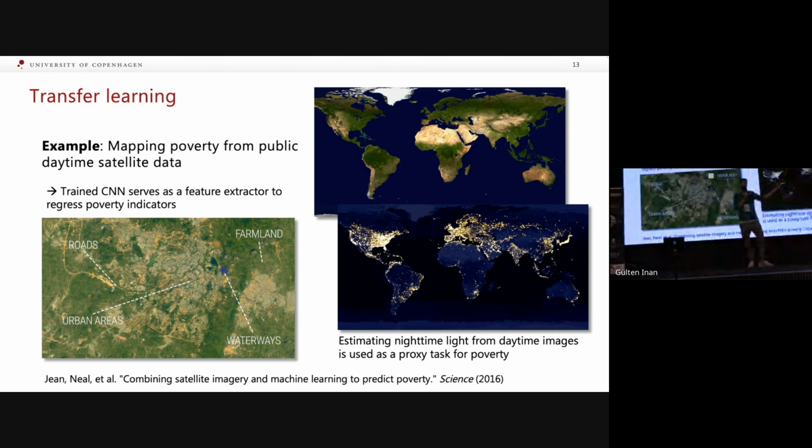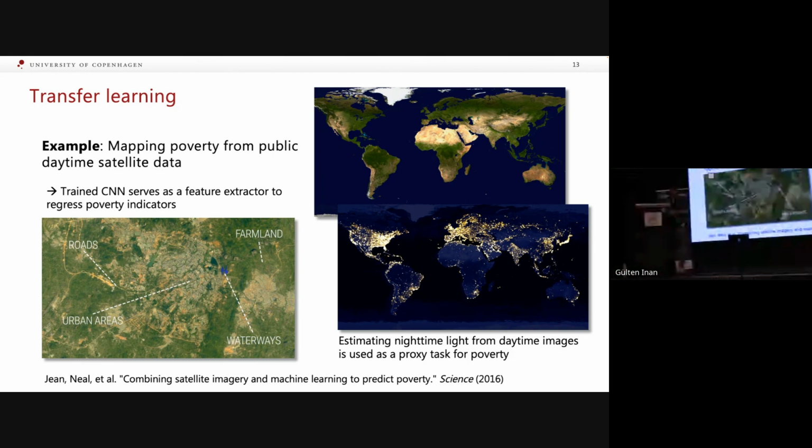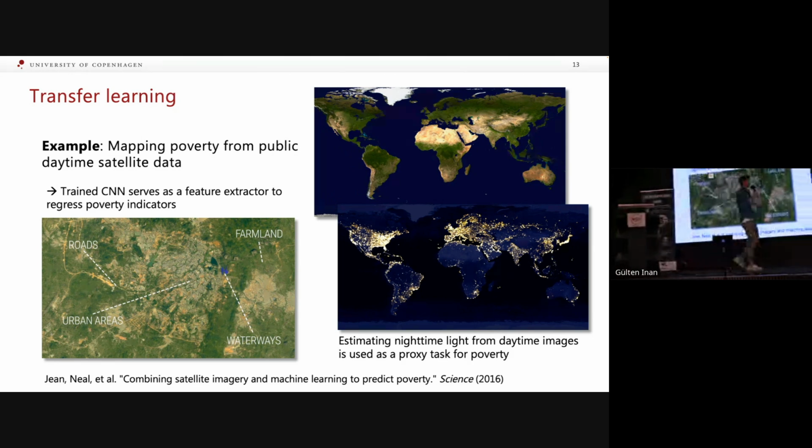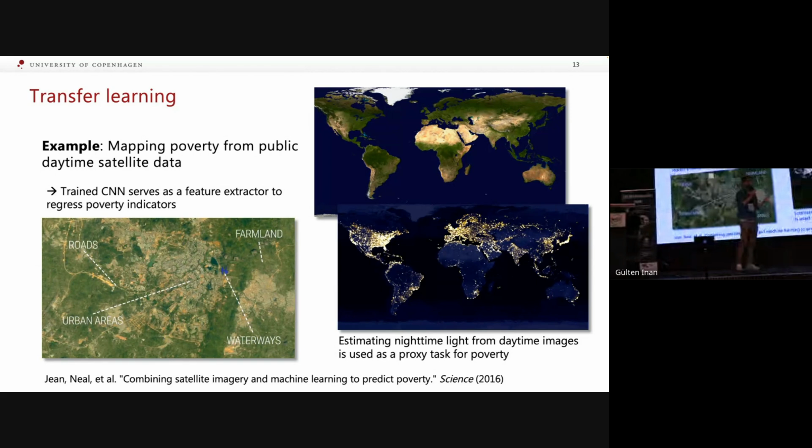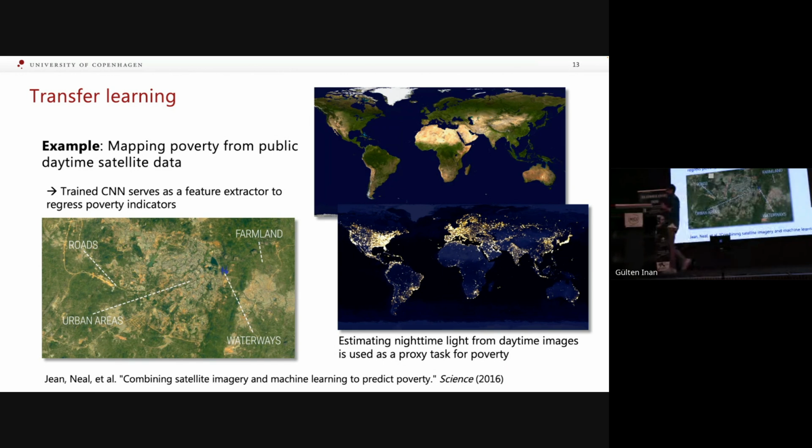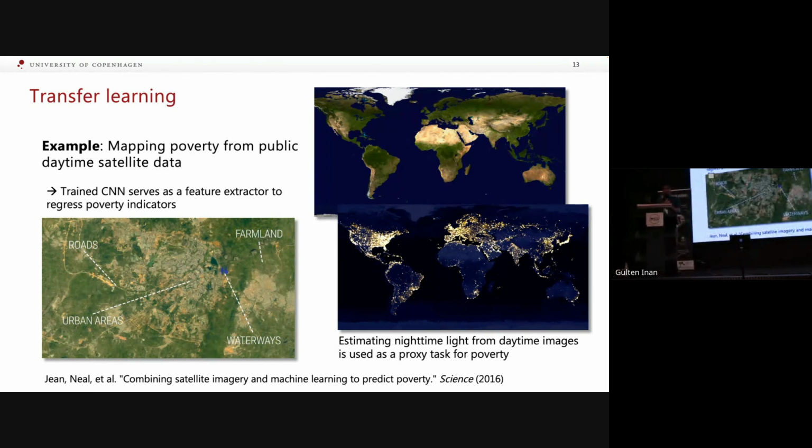And instead of using these nighttime images as an input feature, one can think of it as a good proxy task to predict basically the nighttime lights from optical images. And then after pre-training on such a task, one can transfer to the poverty mapping task.